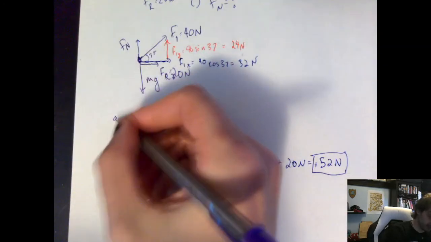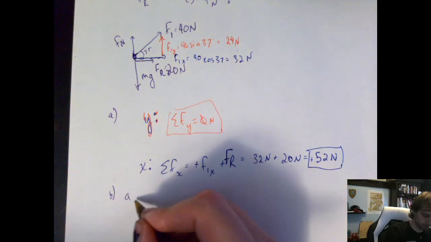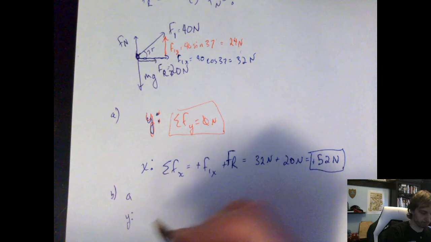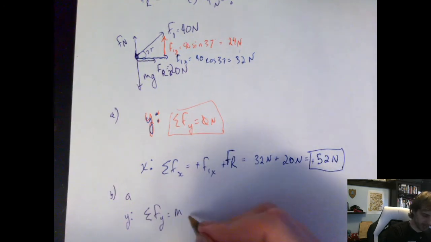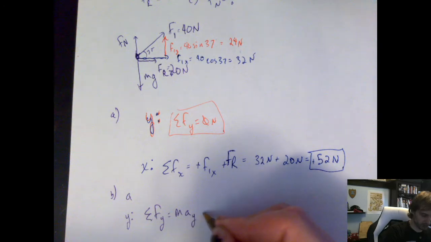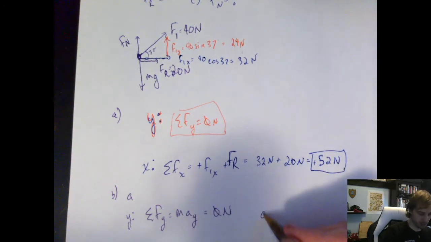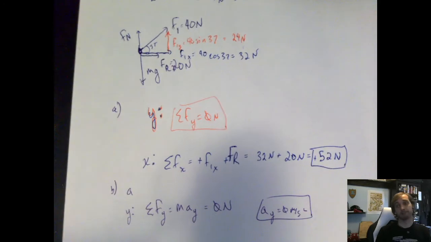B is asking us to find our acceleration. Well, our net force in the y direction is equal to mass times acceleration in the y direction, but that's equal to 0, and that just means that our acceleration is 0. So in the y direction, it's not accelerating.